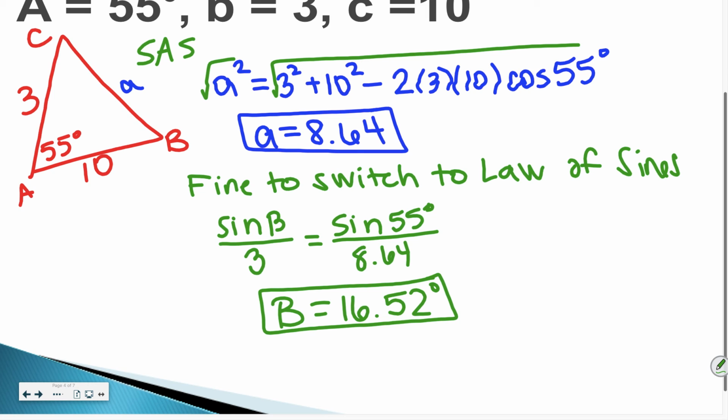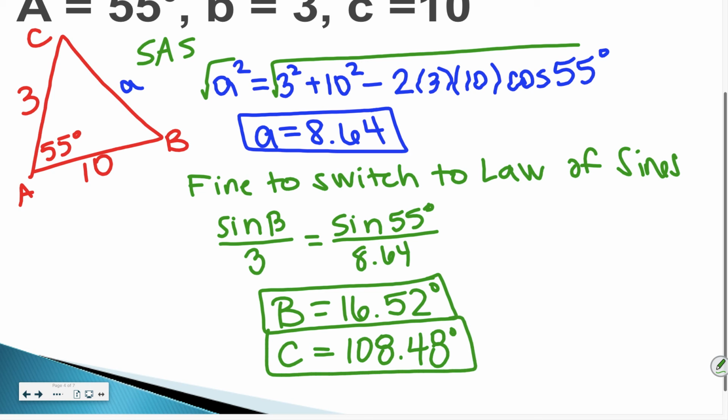And so 55 degrees plus 16.52 degrees, subtract it all from 180. Okay, good thing that we found angle B first, because we would have not gotten 108 with our inverse sine.